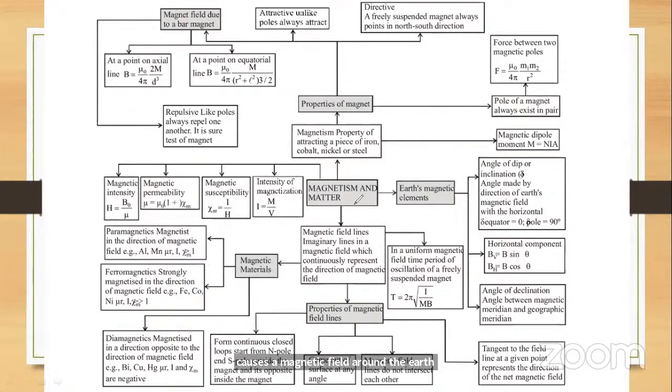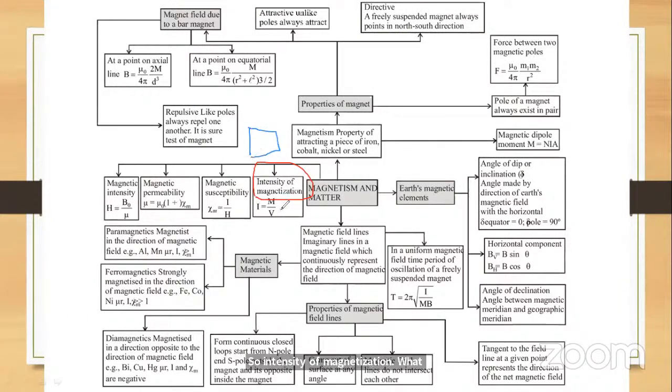Later on, we come to know that the material available on the Earth's surface shows certain magnetic properties and certain magnetic parameters that we are going to use. What are the magnetic parameters? Intensity of magnetization. If I consider any object, what is meant by intensity of magnetization?